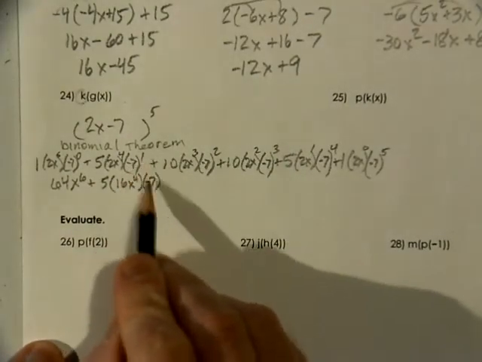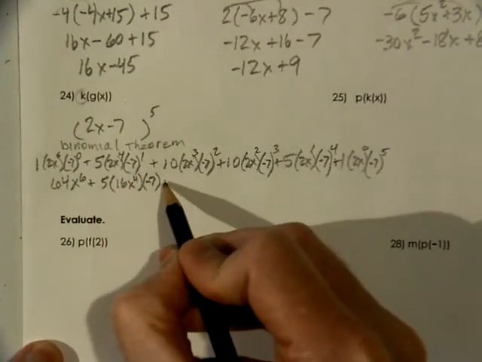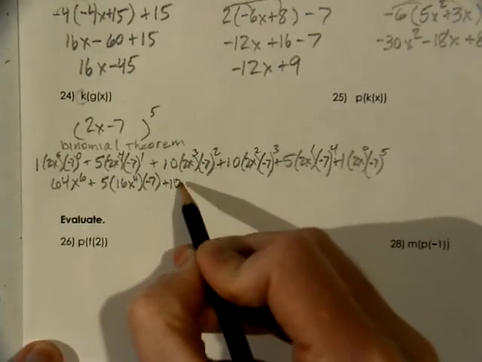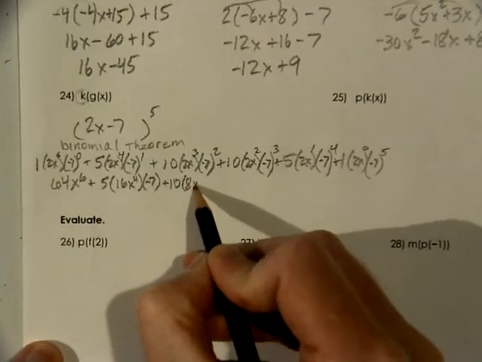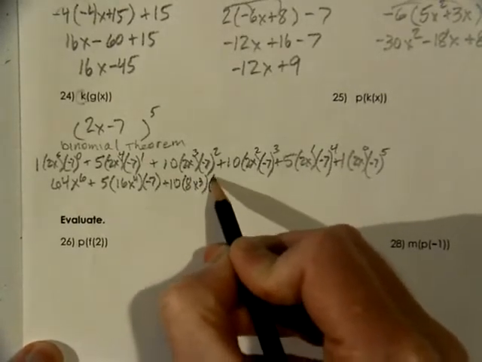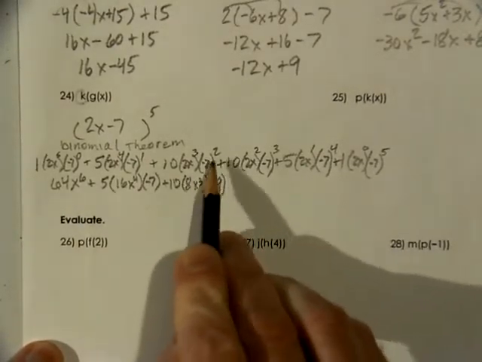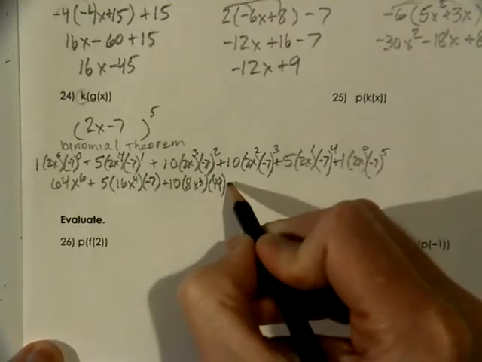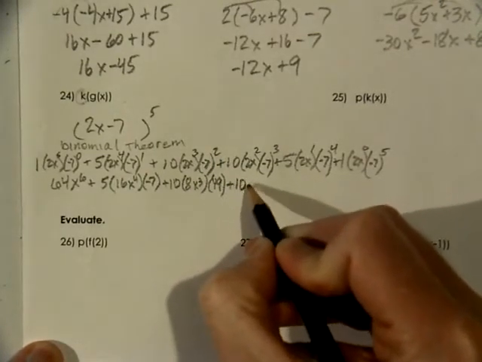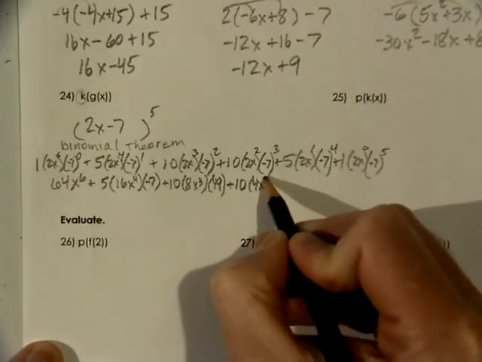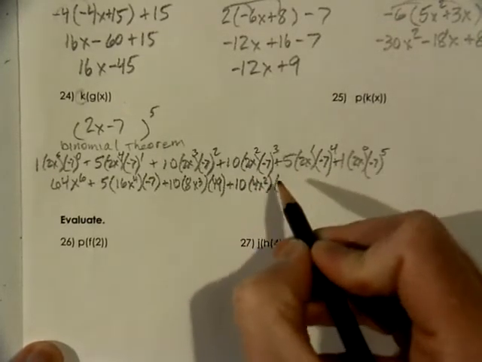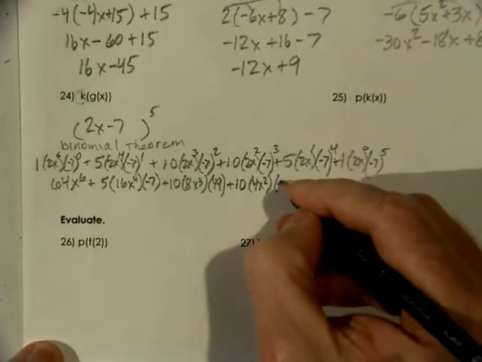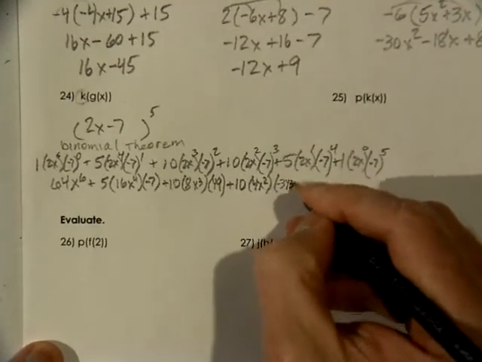So negative 7 to the first power is still negative 7. We have 10 times 8x cubed times 49, because negative 7 squared is 49. Plus we have 10 times 4x squared times negative 343.